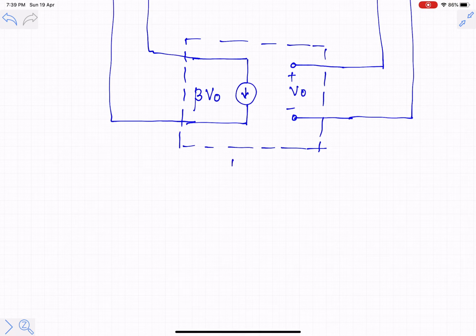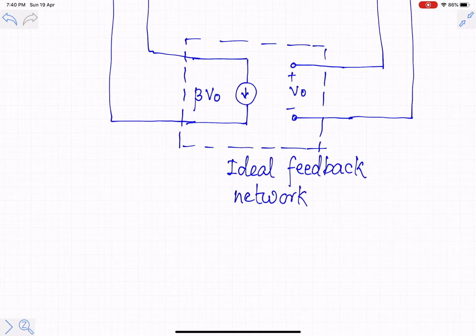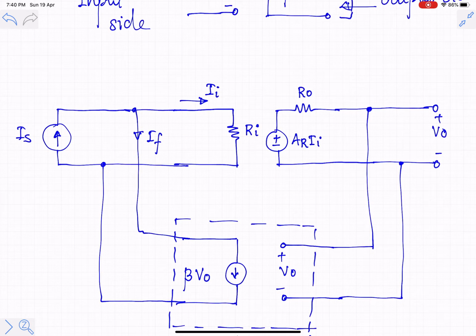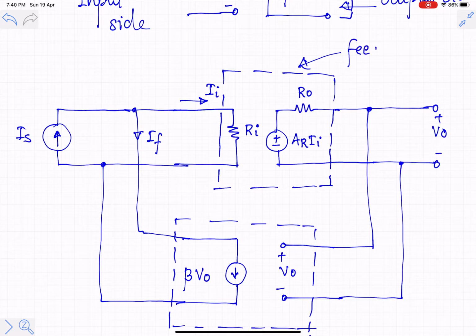So this is the ideal feedback network. While this part of the circuitry is the feed forward amplifier.